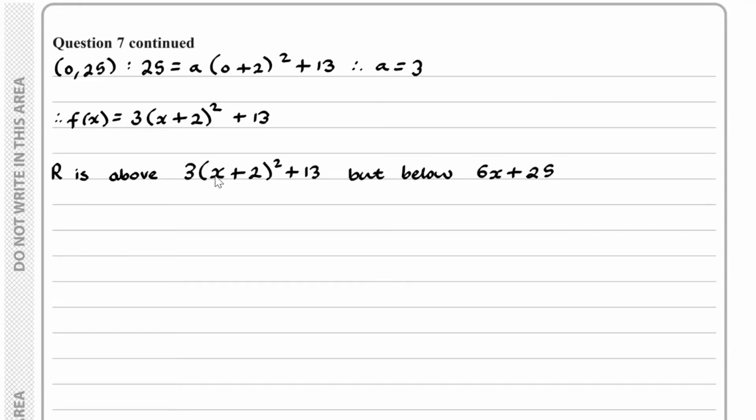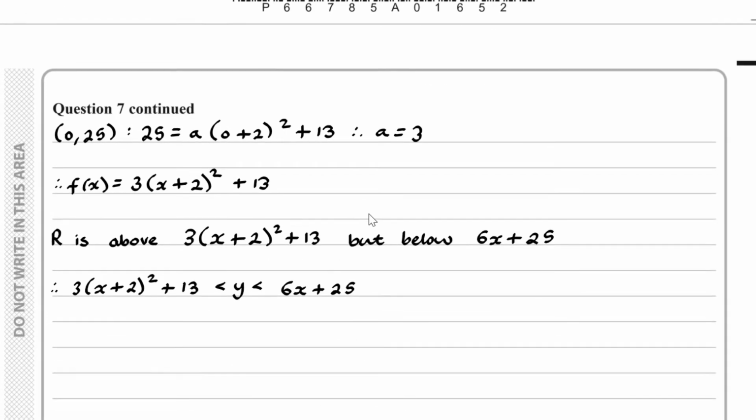So we can use our knowledge of regions to define what R is. As I've just said, R is above this 3 lots of x plus 2 all squared plus 13, but it's below 6x plus 25. And therefore, as an inequality, we've got 3 lots of x plus 2 all squared plus 13, which is less than y, which is less than 6x plus 25.